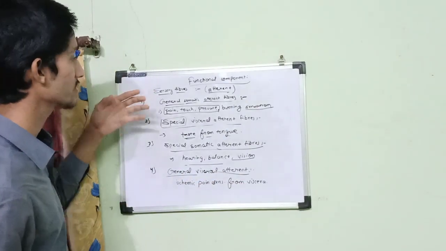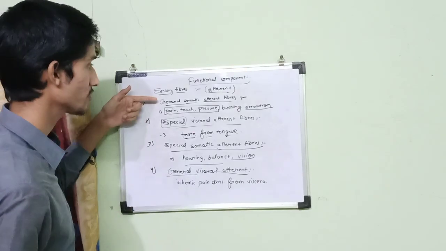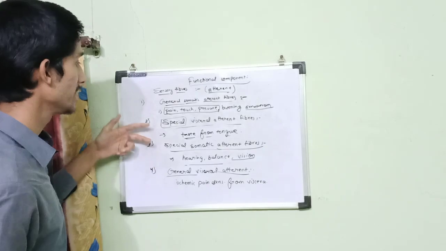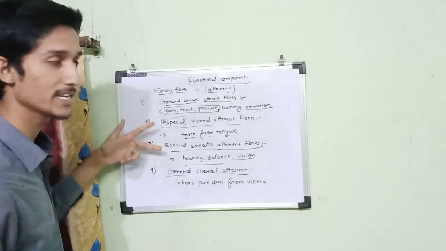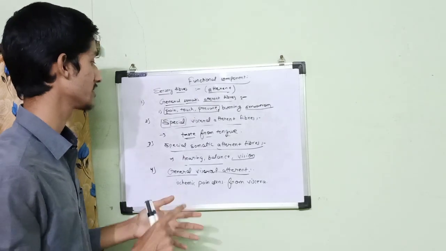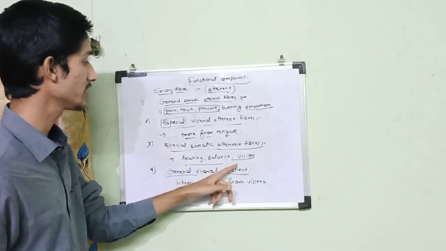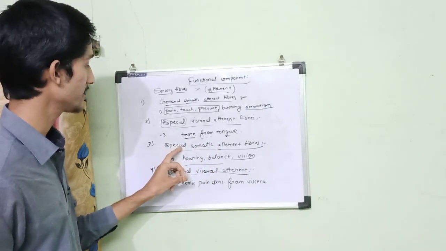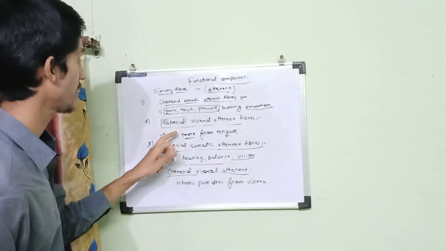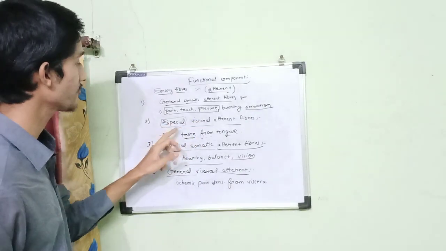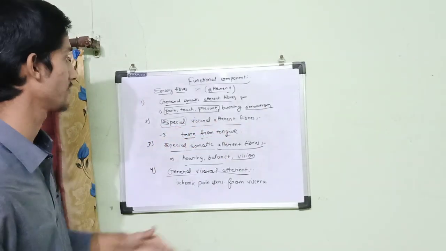So in sensory fibers we have four types of functional component: general somatic, special visceral, special somatic and general visceral. Special visceral and special somatic carry out the special senses, that is taste, hearing, balance and vision. Hearing, balance, vision are developed from somite cells, therefore they are carried out by the special somatic afferent fibers, while taste sensation is visceral in nature, therefore it is carried out by the special visceral afferent fibers.